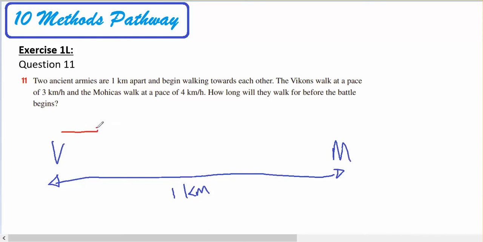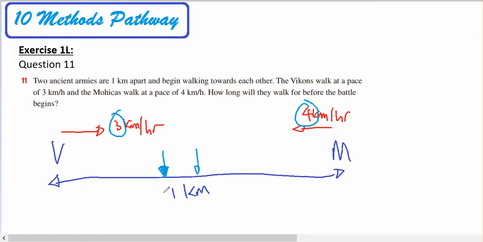So this army is marching at 3 kilometres per hour, and this army is marching at 4 kilometres per hour. And since this group's marching faster than this group, they're not going to meet dead middle, they're going to meet somewhere here. And this is where they're going to start fighting.